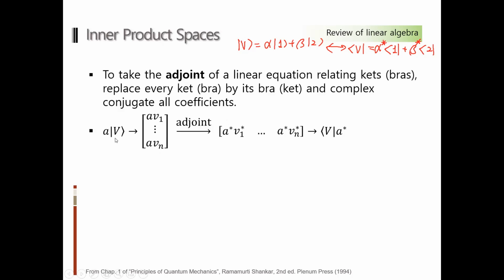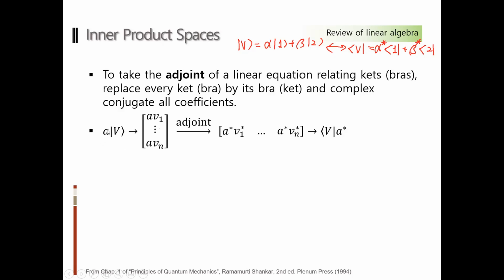So that is the rule you should not forget. And you can also prove that whenever we are converting the ket to the bra, we can prove the entire linearity by using this rule. In the previous page, we learned that this ket vector can be represented as the column vector like this one.